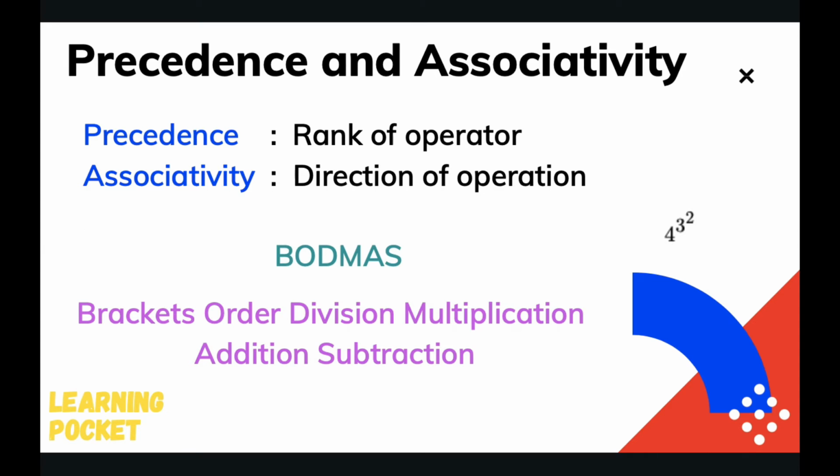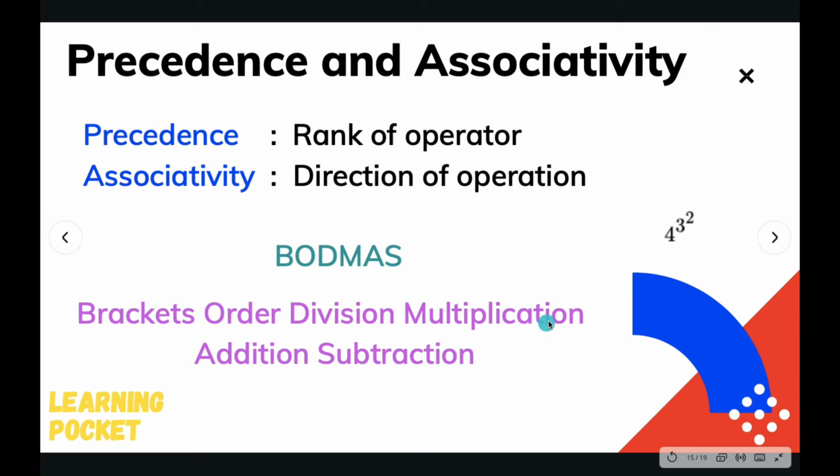In general mathematics and in C language also, the power operator has associativity from right to left. So you need to calculate 3 to the power 2 first, that would be 9, and then 4 to the power 9. Not the other way around. You are not supposed to calculate 4 to the power 3 first and then square it.